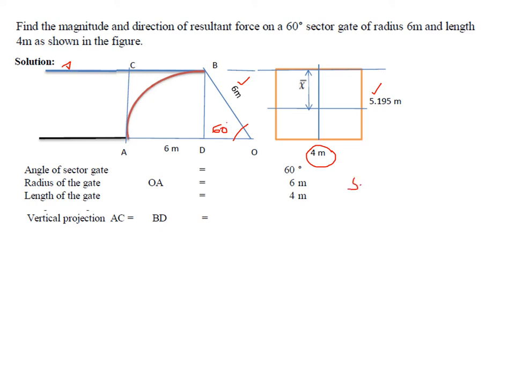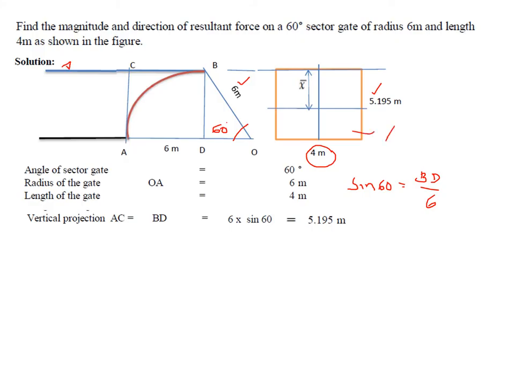So sine 60 is nothing but BD by 6. Therefore BD is nothing but 6 sine 60, which comes to 5.195 meters. That's how the vertical projected area can be calculated, which is 5.195 into 4, which is APV.